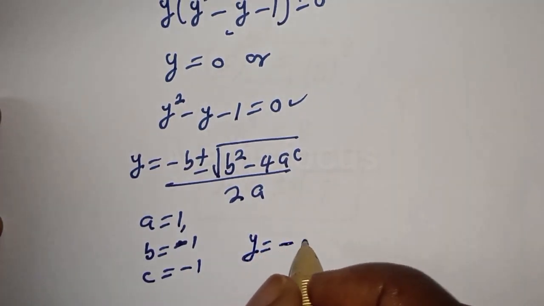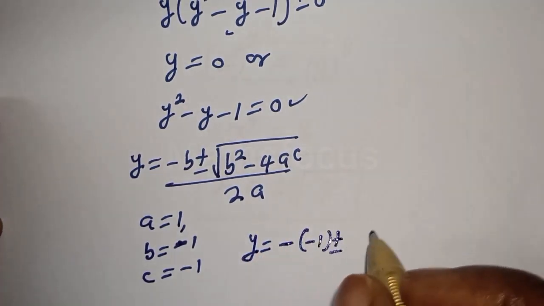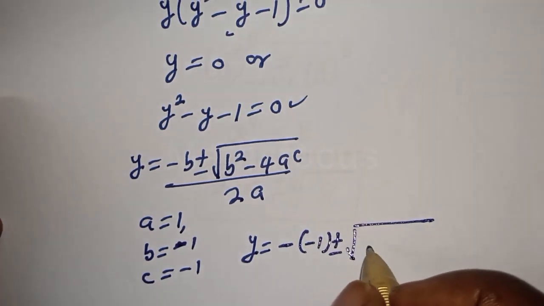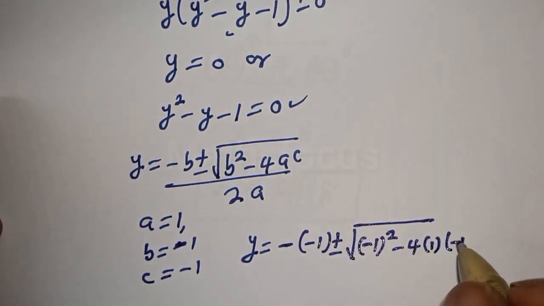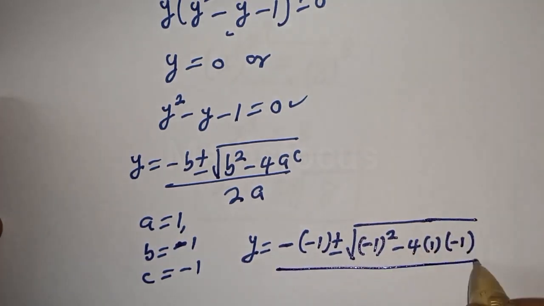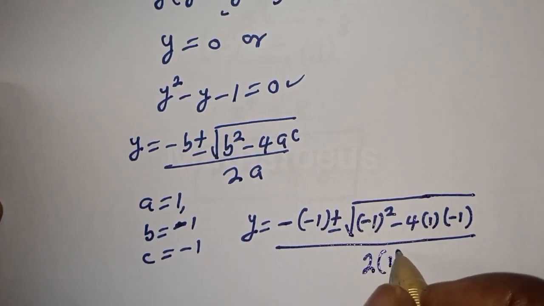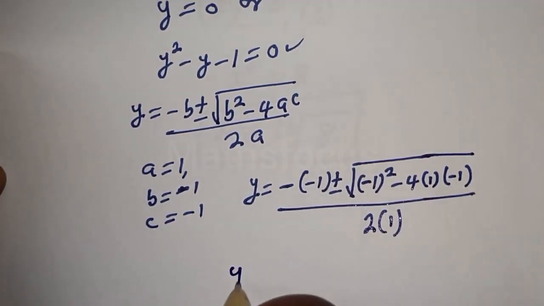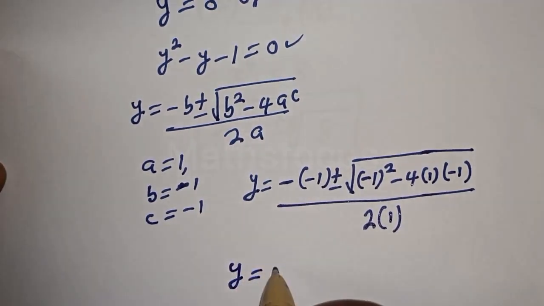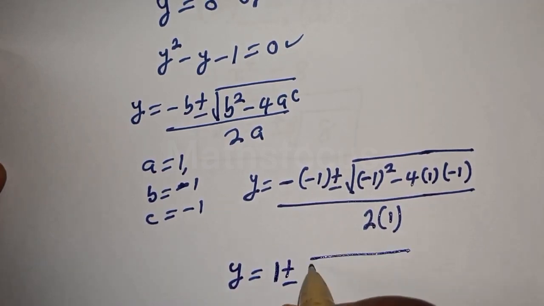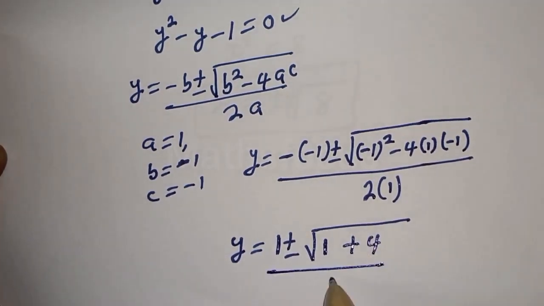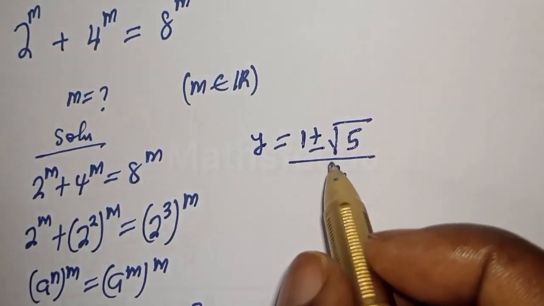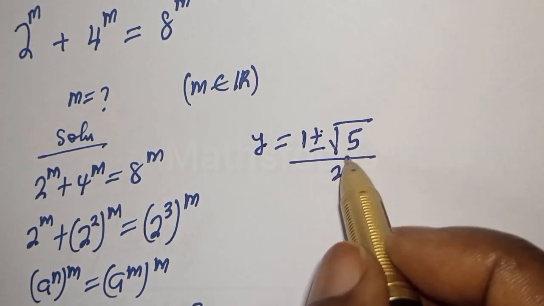y is equal to minus (minus 1) plus or minus square root of (minus 1) squared minus 4 multiplied by 1 multiplied by minus 1, divided by 2 multiplied by 1. y is equal to minus times minus 1, that is 1, plus or minus square root of 1 minus 4 times 1 times minus 1, that is plus 4, over 2. y is equal to 1 plus or minus square root of 5 over 2.